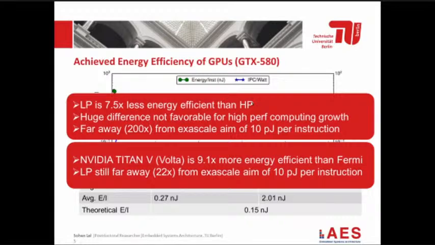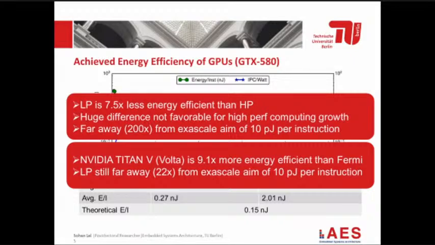If we assume that we run these benchmarks on the Volta architecture instead of Fermi, and that all numbers scale perfectly, although that will not happen, then still the low performance category is far away from the exascale aim of 10 picojoules per instruction.